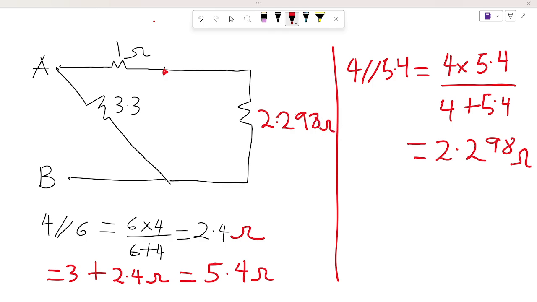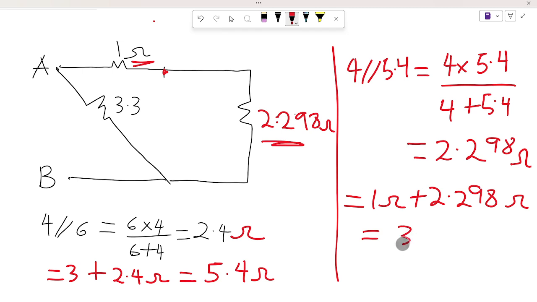2.298 ohms. So we realize that our 1 ohm and our 2.29 ohms are in series. So that's going to give us 1 ohm plus our result, that's 2.298 ohms. We are going to get 3.298 ohms.